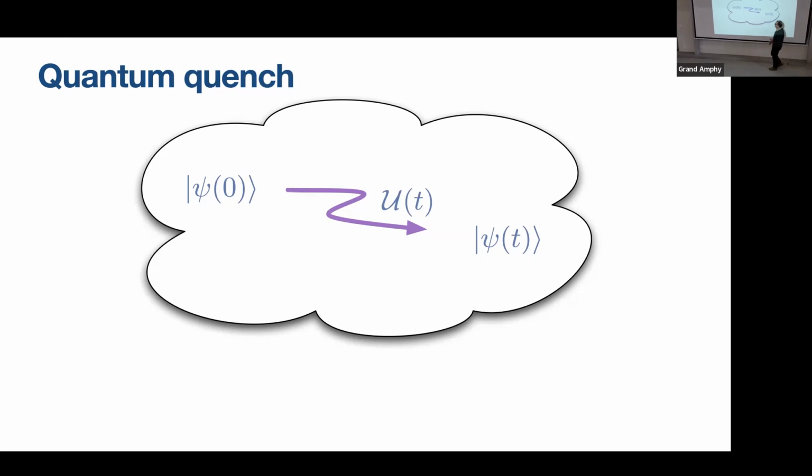I just prepare a state, psi 0, typically separable or with some entanglement localized somewhere, which evolves under some Hamiltonian. I mostly will talk about Hamiltonians. And then after a while, I would like to know what is the entanglement content in the state psi of t.